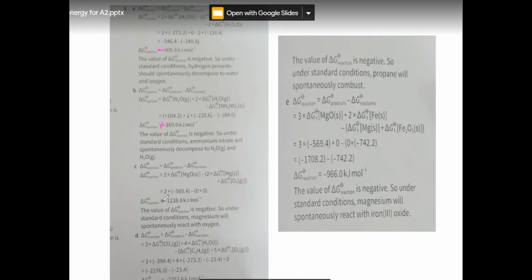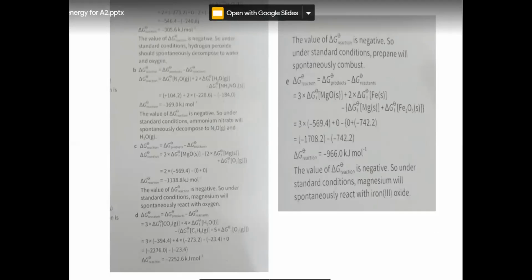The third one is minus 1138.8 kilojoules per mole. The next is minus 2252.6 kilojoules per mole, and the E part is minus 660 kilojoules per mole. So these are the values for the parts of the previous questions.